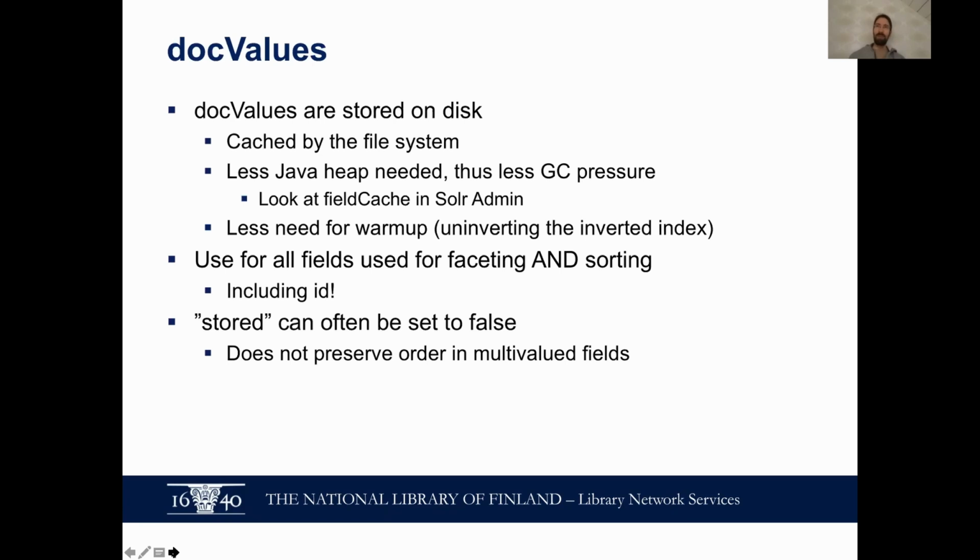I can't remember exactly how much our index grew when we enabled docValues, but one thing you can do to counter this effect is that the stored setting in the schema can often be turned off when you use docValues, since Solr can use docValues to retrieve the field values.